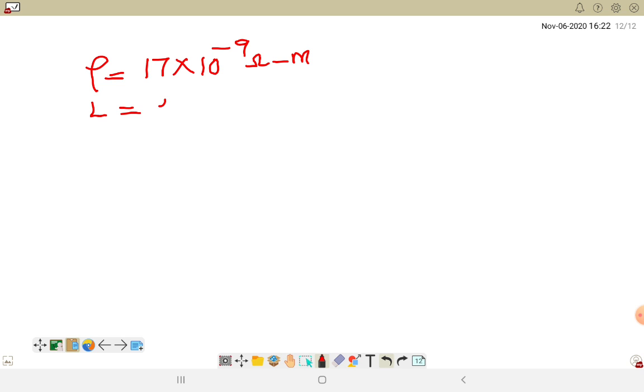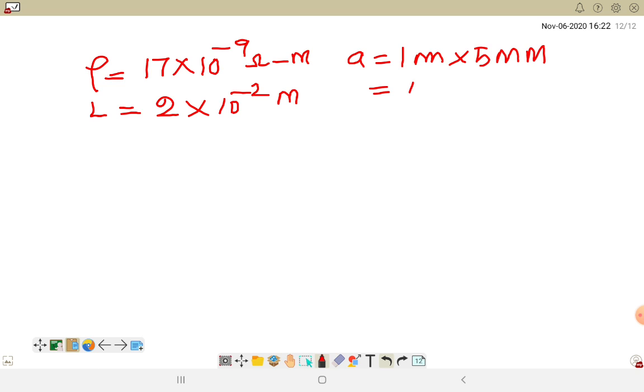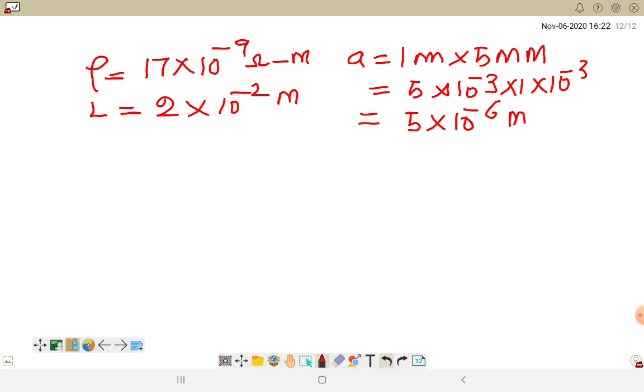Second, L is 2 into 10 power minus 2 meter. A is equal to 1 millimeter into 5 millimeter, that is 5 into 10 power minus 3 into 1 into 10 power minus 3. So 5 into 10 power minus 6, all converted into meter.